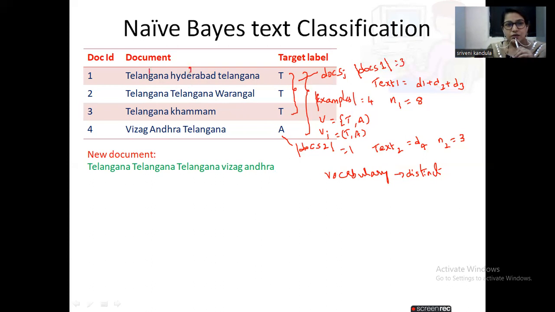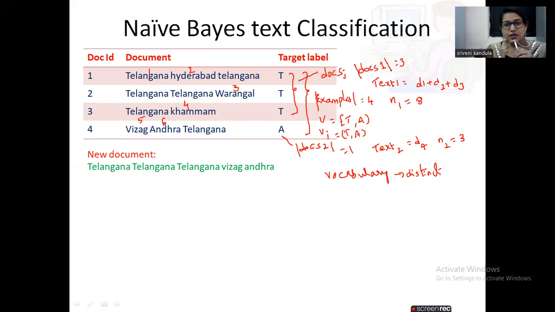Then Hyderabad, 2. Again Telangana, it is not distinct, the word is repeated, so I am not counting it. Again Telangana, not counting. Warangal, a distinct word, so we are collecting it. Then Telangana repeated again. Khammam, it is distinct. Then Vizag and Andhra. Here Telangana is repeated, so we will not take it.